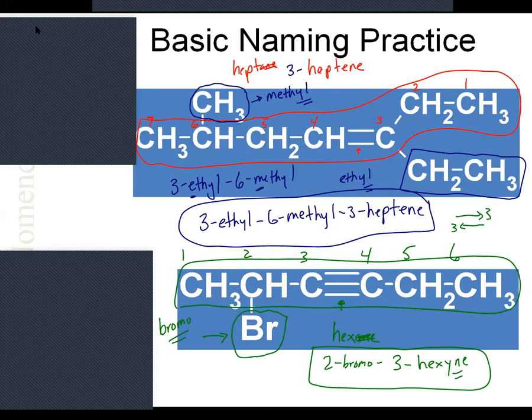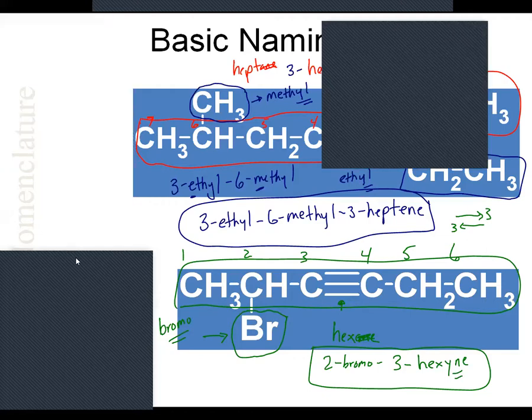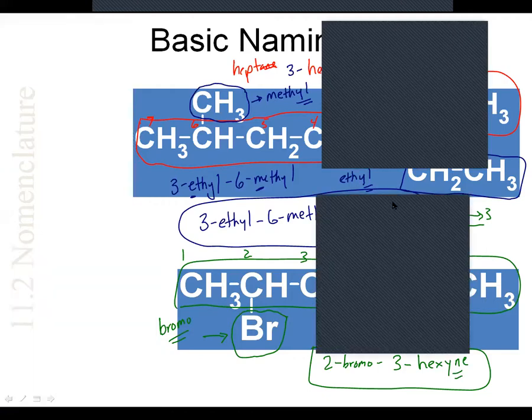Let me actually give you a couple of names, and why don't you draw them, just to make sure you know how to go both ways, which you do need to be able to do. So why don't you draw 2,6-dimethyl-3-heptene.